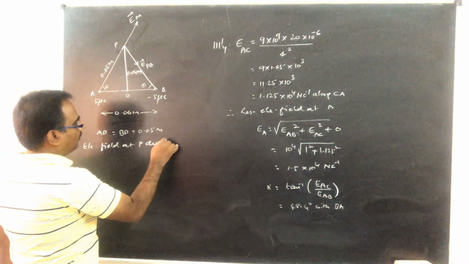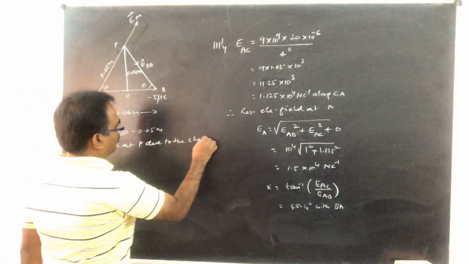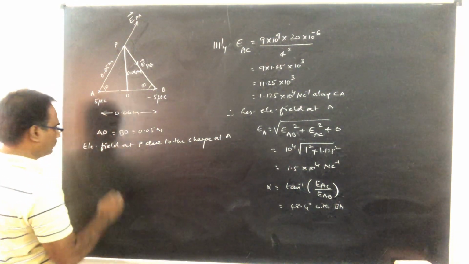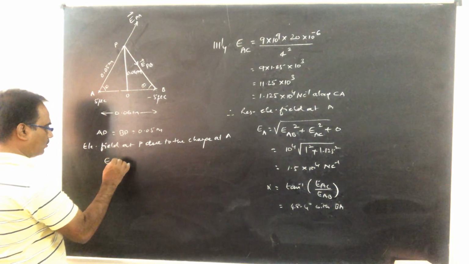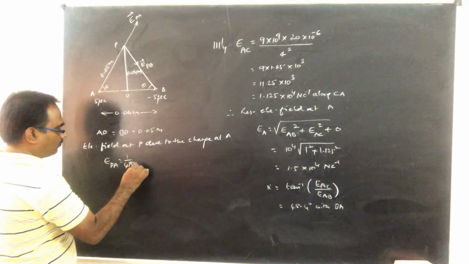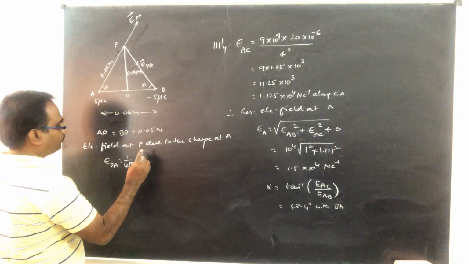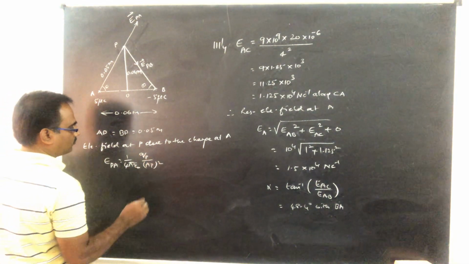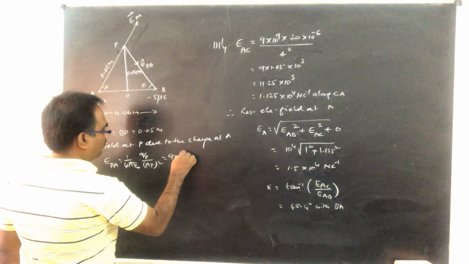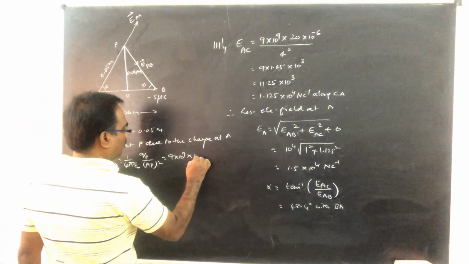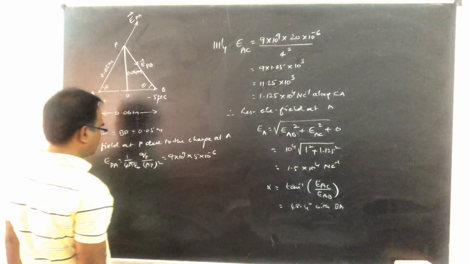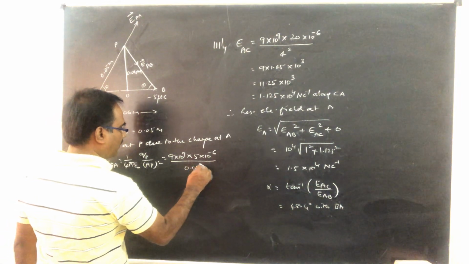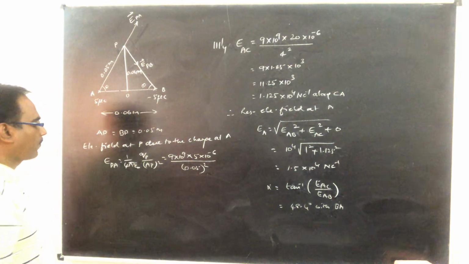Electric field at P due to the charge at A, EPA, so this is 9 into 10 to the power of 9, 5 into 10 to the power of minus 6 divided by 0.05 whole square.